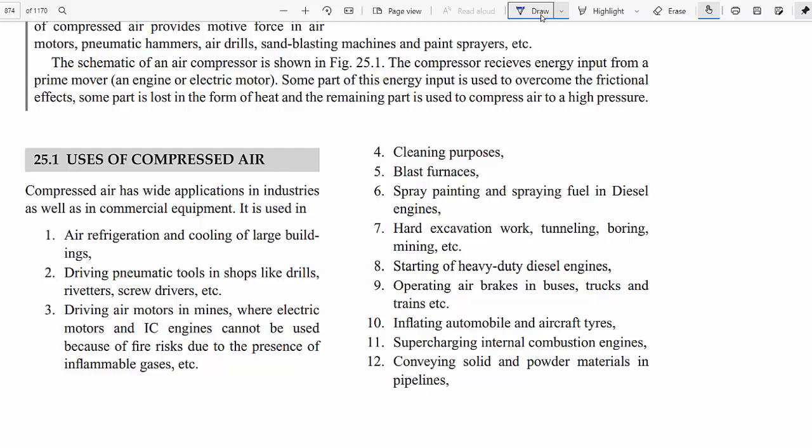Therefore the starting problem is also very large, because we cannot start with a kick or self start. The capacity of the self start motor would be very high, and kicking is not possible for such large capacity engines.